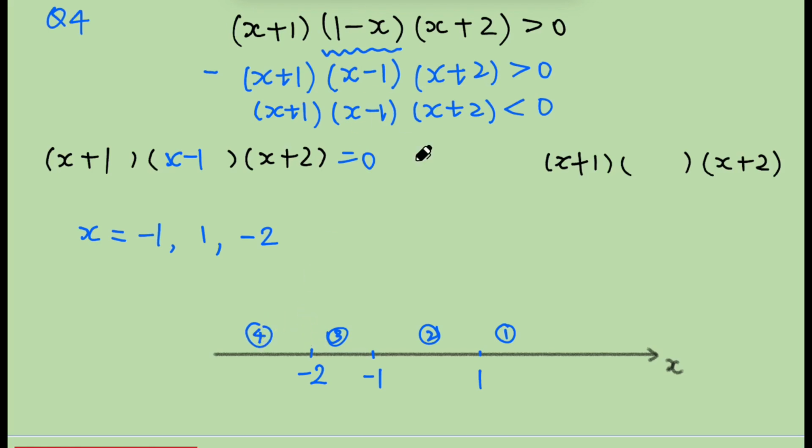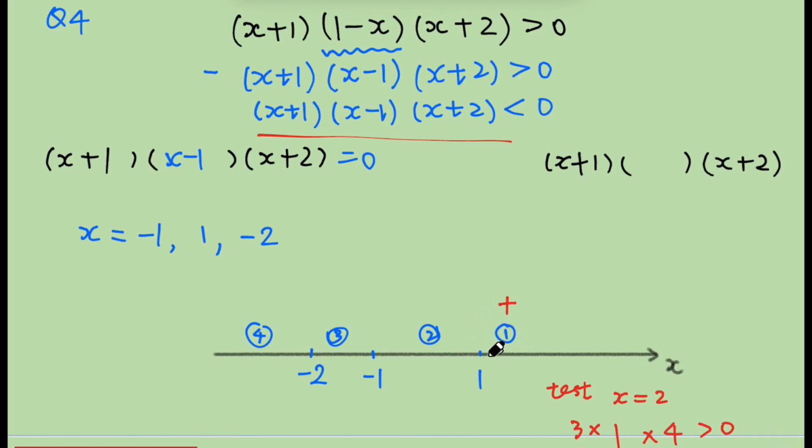Similarly, we will determine the sign of the first section, which is positive, and you can use a value to test the sign. For example, we can select x equals 2. Then the first factor, x plus 1, will become 3. The second factor, 2 minus 1, is 1. And the third factor becomes 4. And the result is positive. Therefore, the first section is positive.